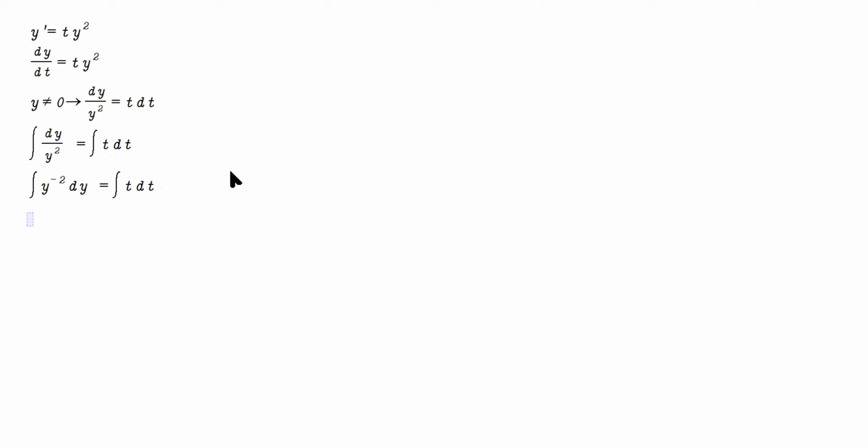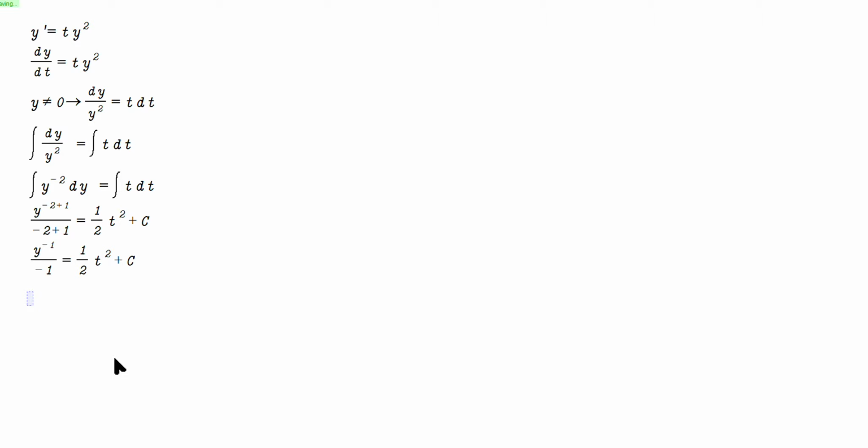Now let's apply the power rule, so you have y to the negative second plus 1 over negative 2 plus 1, and then here 1/2 t squared plus c. Let's get this into y equals whatever form. So you're going to have y to the negative first, essentially, divided by negative 1, is still equal to 1/2 t squared plus c.